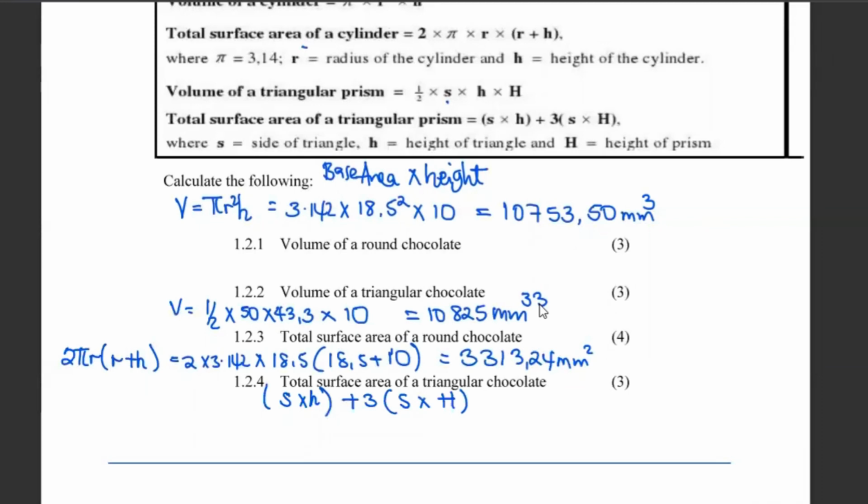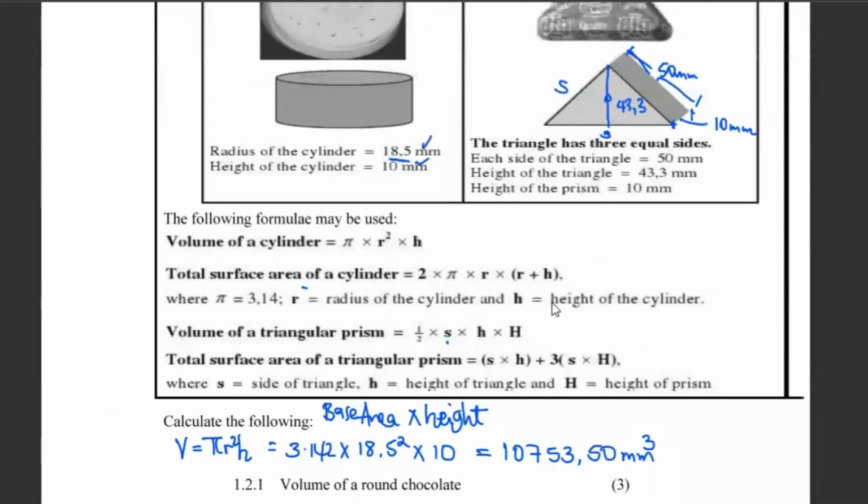So one is the 50 millimeters times the height of the triangle, which is 43,3, plus 3 into the same S, which is 50, times 10. Please substitute the way it is. Here, let me come back here and show you.